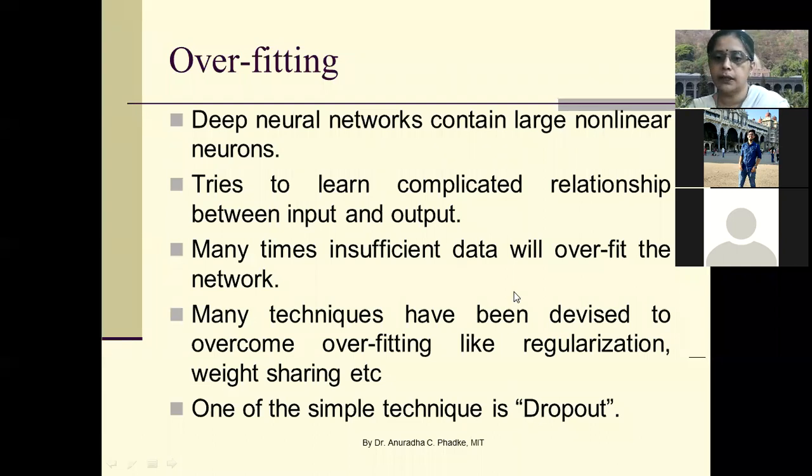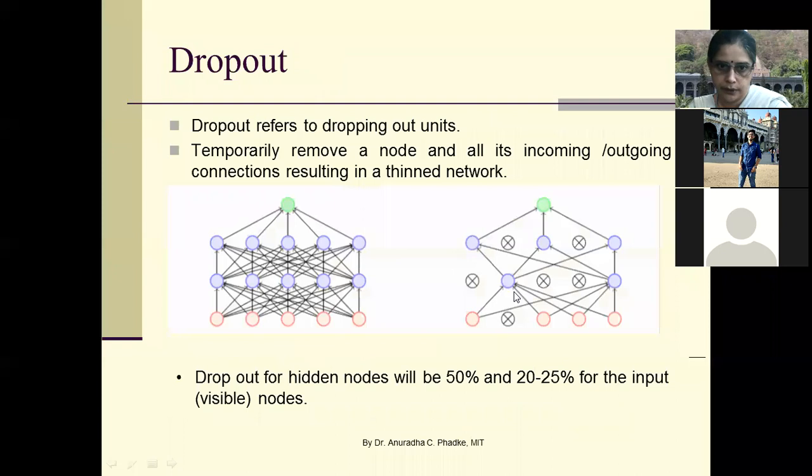So what do we mean by dropout? Dropout refers to dropping out units. As the name indicates, from the given deep neural network, we randomly drop certain neurons from certain layers while training the network.